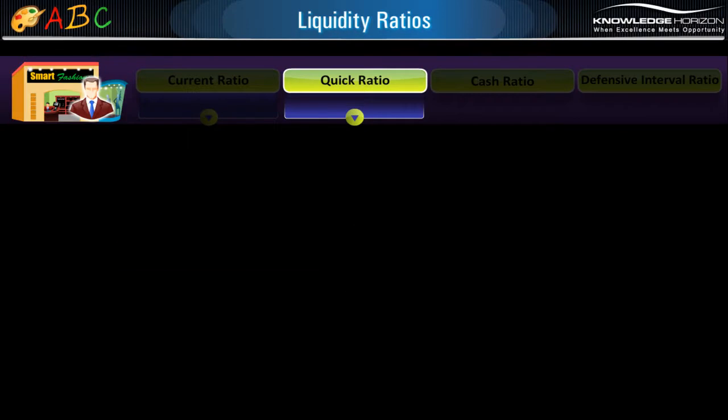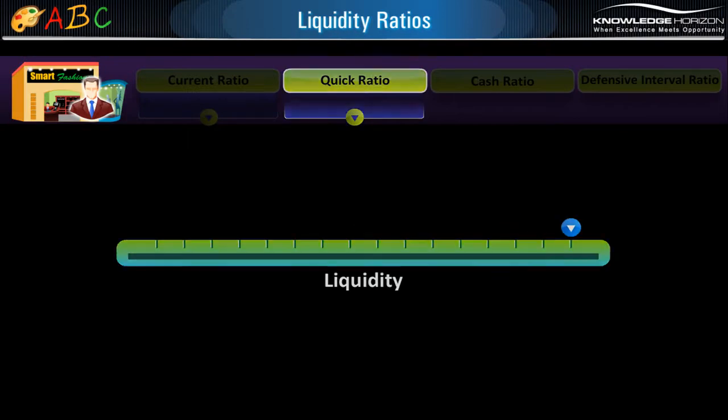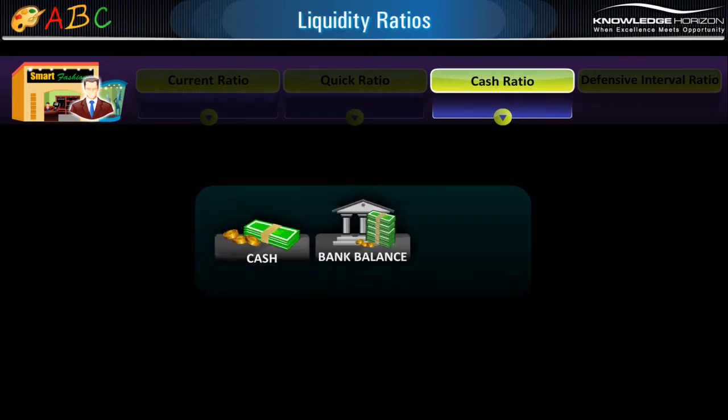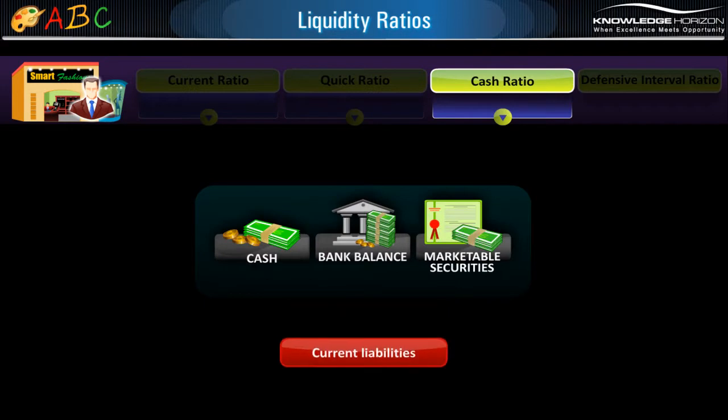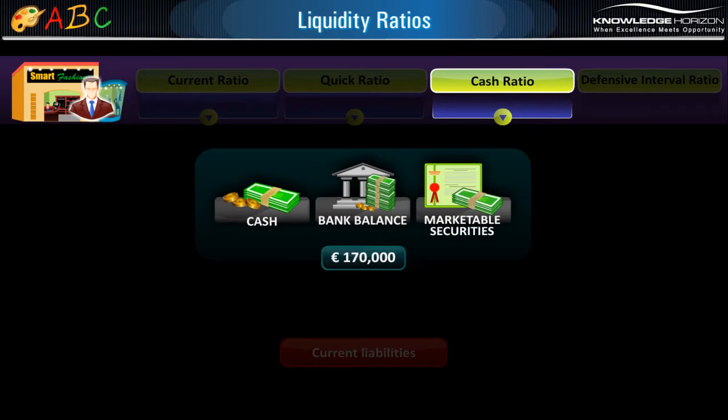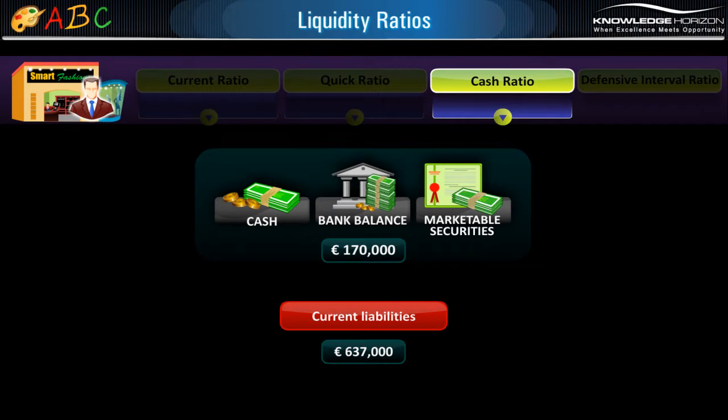TED now applies another measure of liquidity known as cash ratio. The cash ratio compares the value of cash, bank balance and marketable securities with the current liabilities. The cash and bank balance plus marketable securities of Smart Fashions were €170,000 and the current liabilities as seen were €637,000.